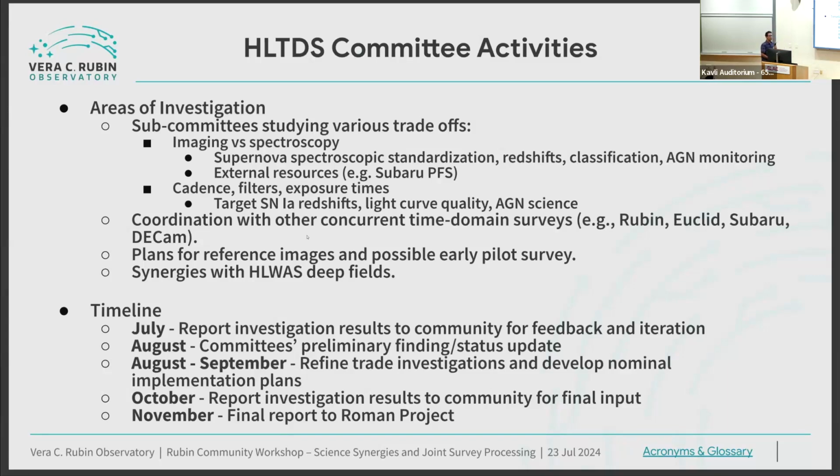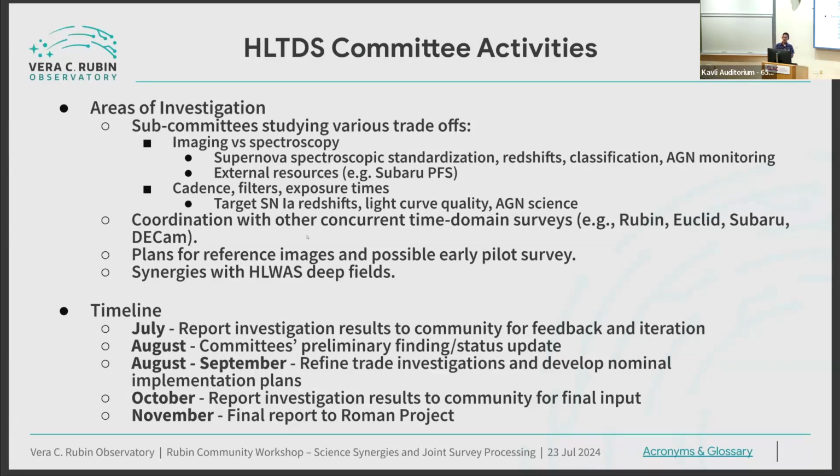In late August, there will be a Roman community forum in which the High Latitude Time Domain Survey, the High Latitude Wide Area Survey, and the Galactic Bulge Time Domain Survey will present the next reference mission to the community, which everyone is welcome to zoom in on, and we will update you on the progress.